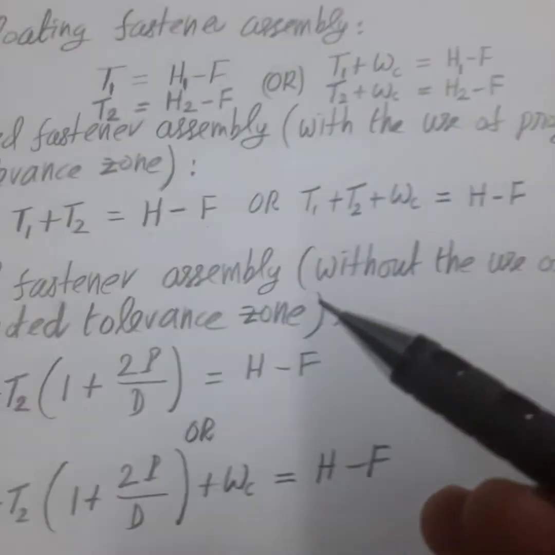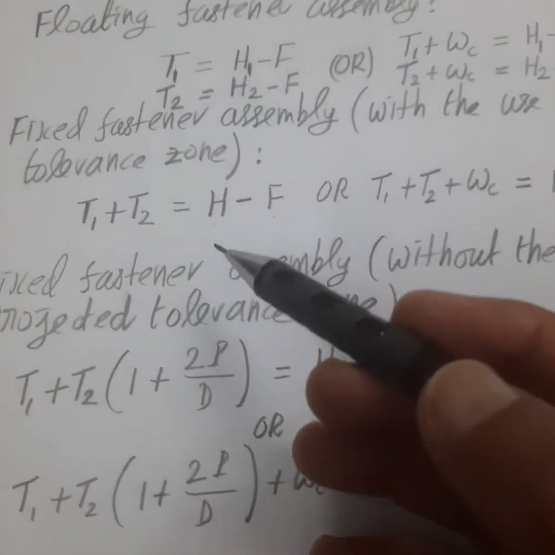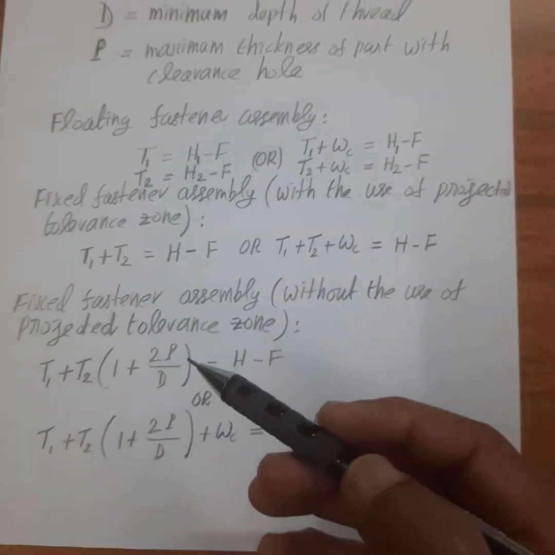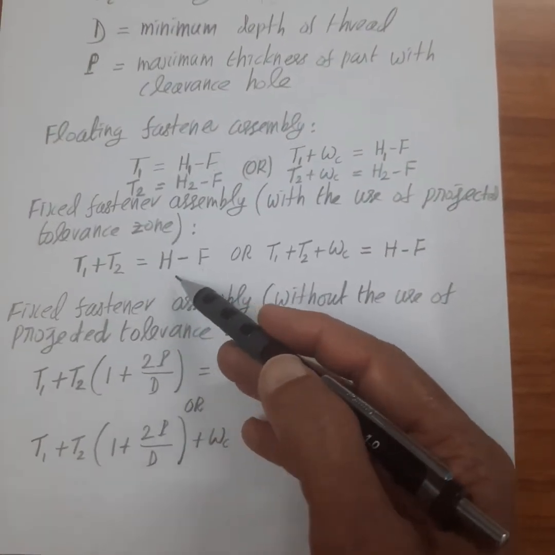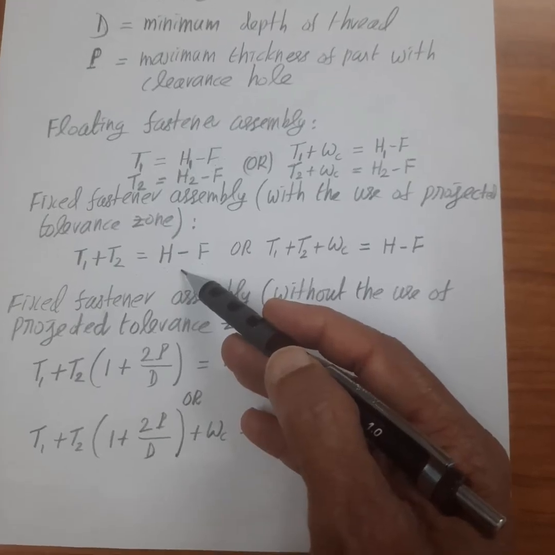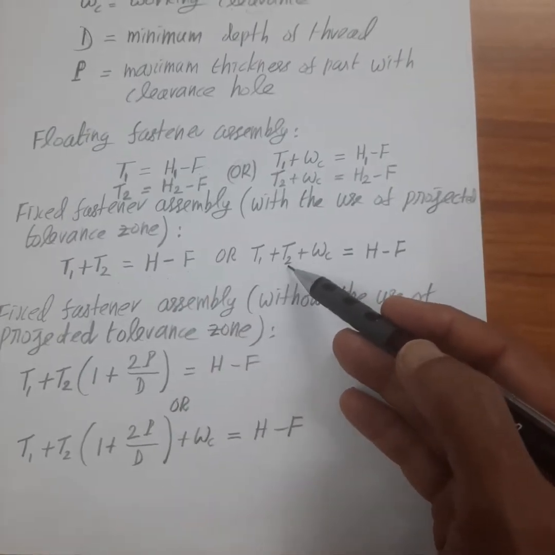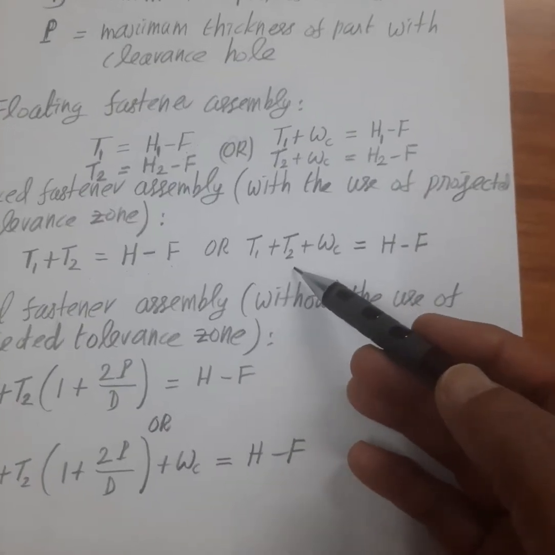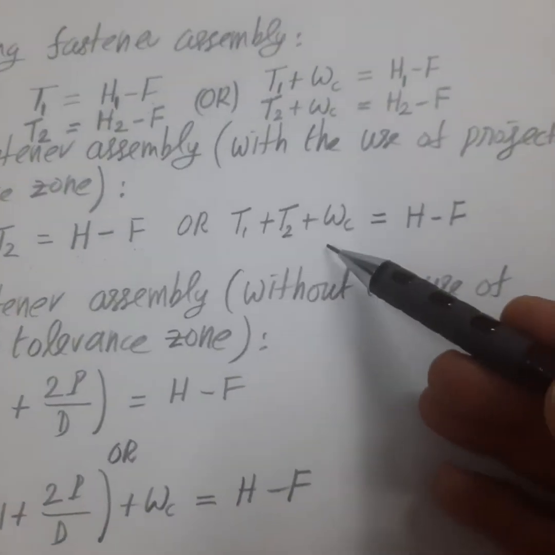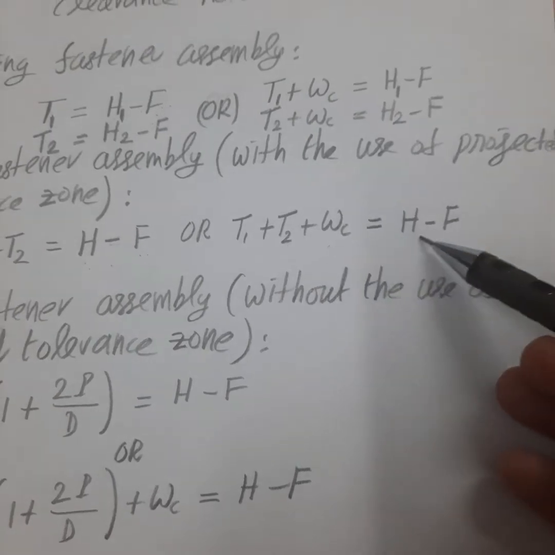The applicable formula is T1 plus T2 is equal to H minus F. If you want to consider a working clearance, then T1 plus T2 plus working clearance is equal to H minus F.